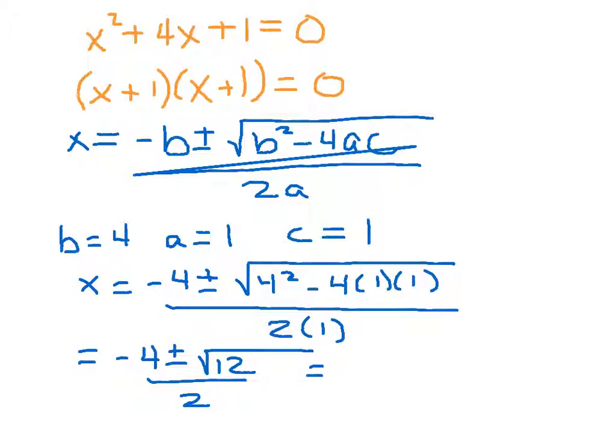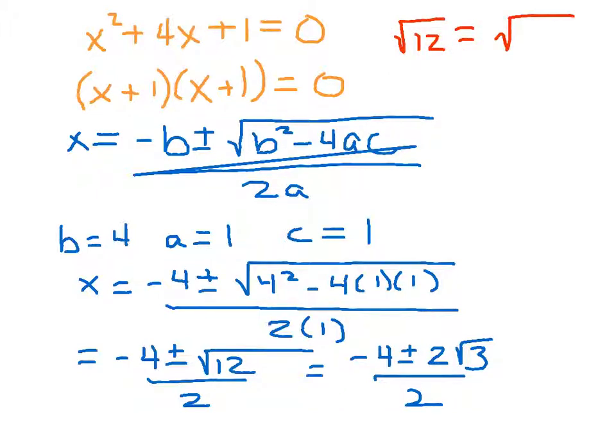So this gives me negative 4 plus or minus 2 radical 3 over 2, because the square root of 12 is equal to the square root of 4 times 3. Well, the square root of 4 is 2, and I'm left with that radical 3 under there.